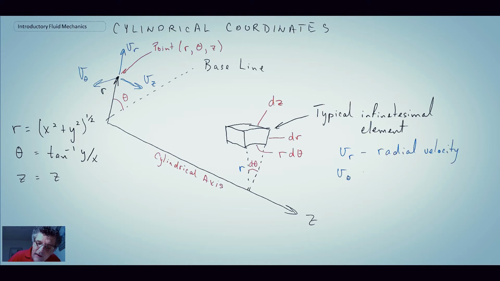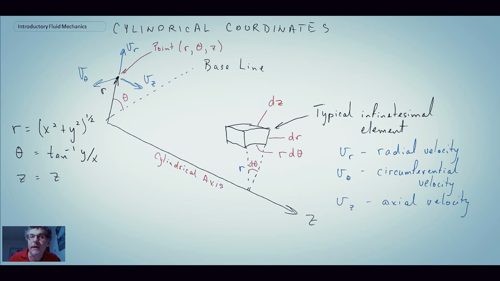V theta is the azimuthal or circumferential velocity, because it is going around the circumference of a circle that you could draw at that point. And finally, Vz is quite simply the axial velocity. So those are the velocity components as well as the coordinate transformation.